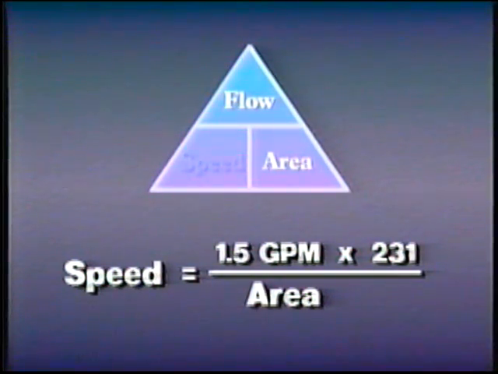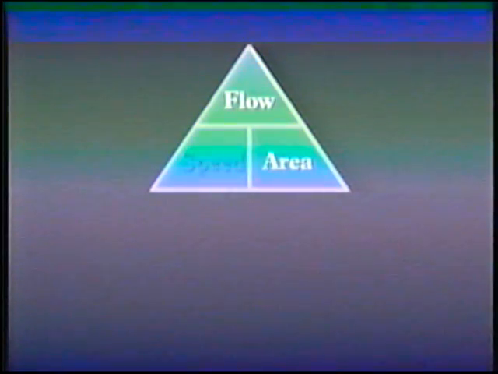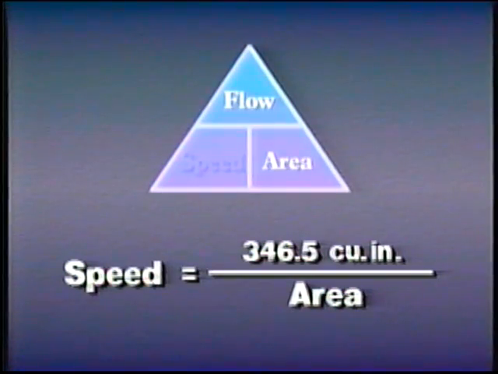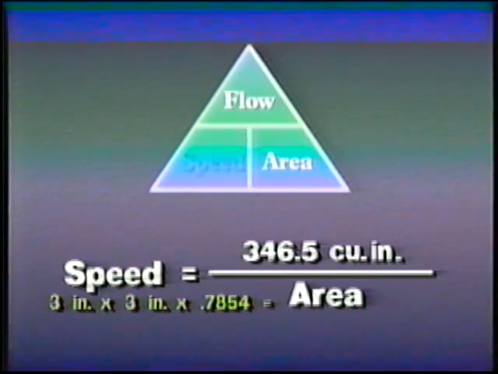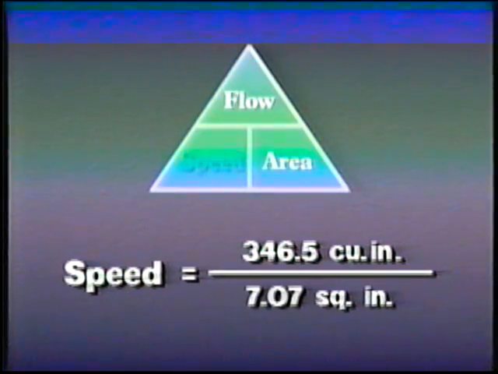So we have 1.5 times 231 cubic inches, which equals 346.5 cubic inches. The area of the piston is the same, 3 inches squared times 0.7854, or 7.07 square inches.